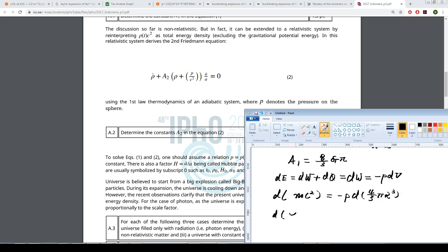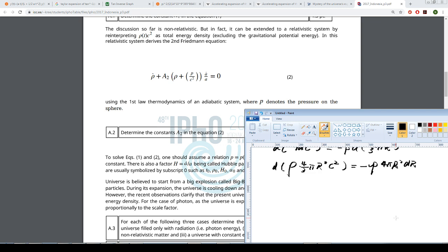And of course the mass is density times 4 over 3 pi r cubed, times c squared, equals negative P times 4 pi r squared dr. On the left we need to do a chain rule.